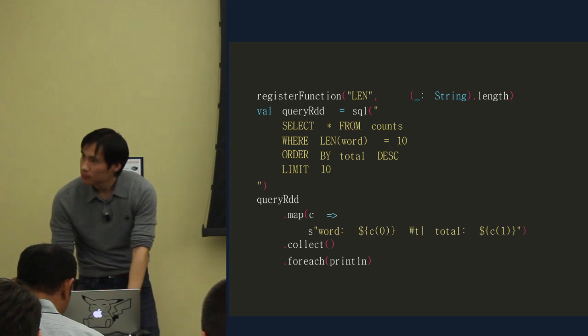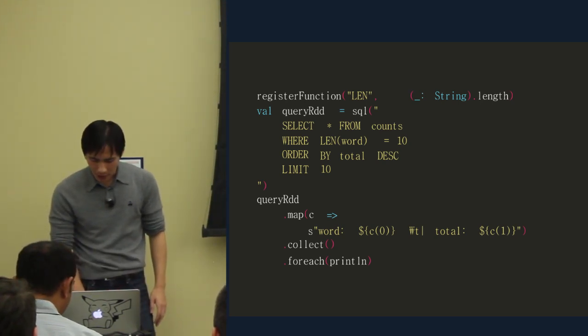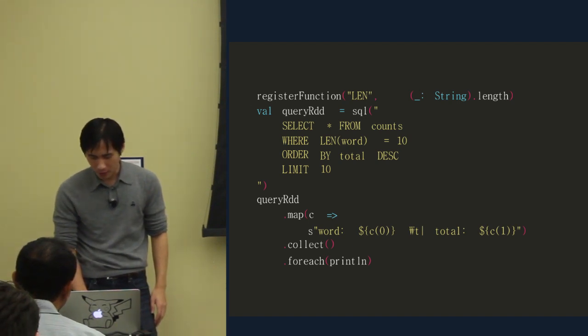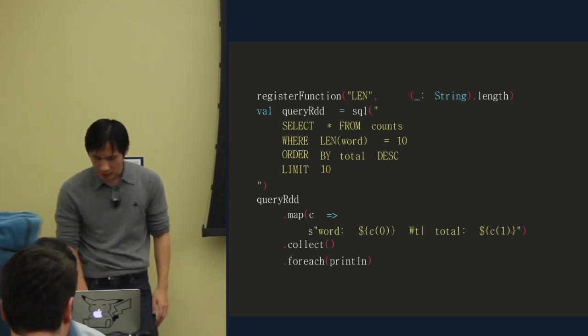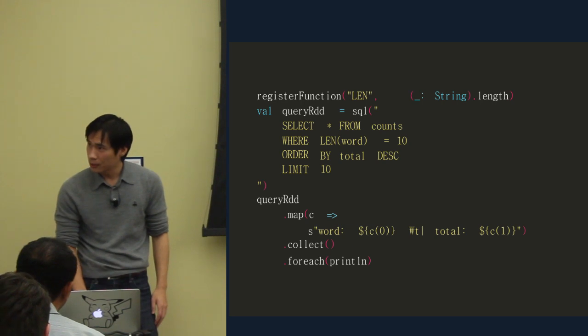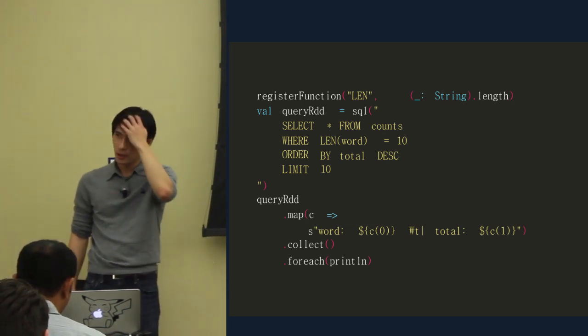So what was the answer? Was it running in parallel or? Foreach was not, but everything else above collect was. So for example, the word filtering, length, the sorting, the limit, and then the map here also. So the intermediate operations are running in parallel by default?